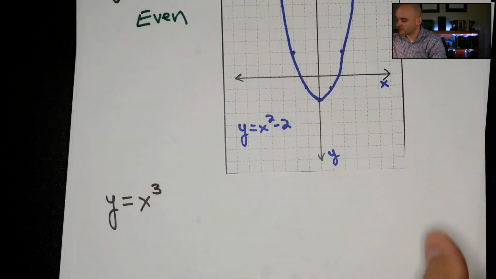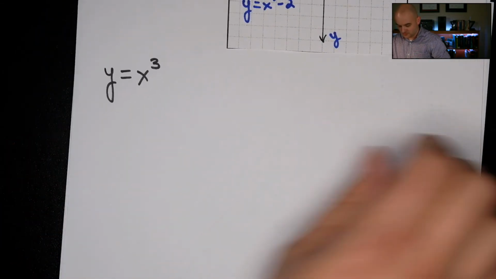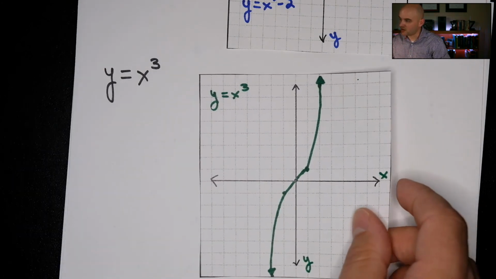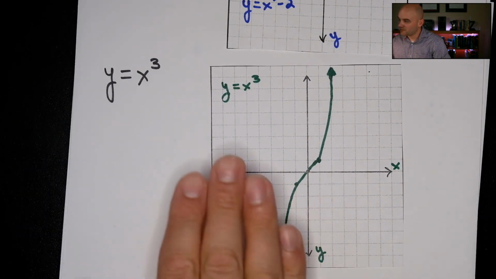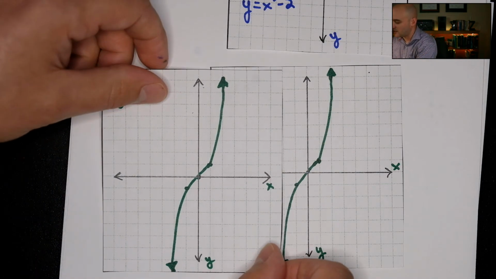Move this so I can slide the paper up. If I look at x cubed, that graph looks like this. Now, if I fold this in half on the y-axis, it's not going to match up. So it's not an even function. Let's take a look and see if I turn this completely upside down, if it looks exactly the same. So here's x cubed.